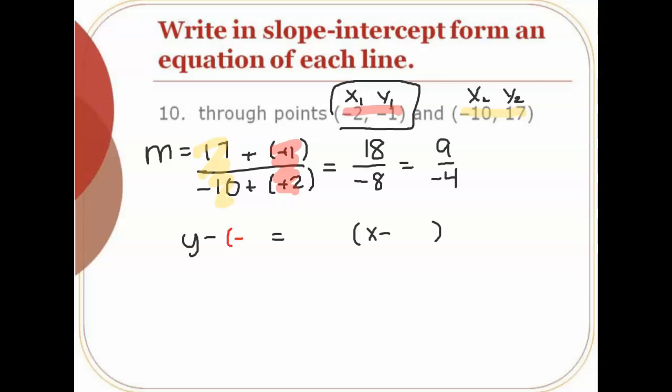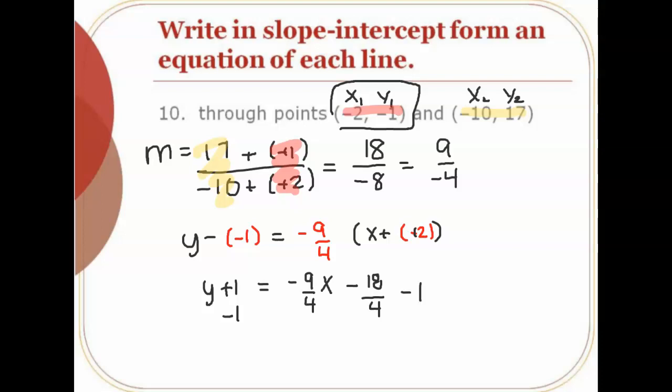It's y minus a negative 1 equals negative 9 over 4 times x minus a negative 2, or y plus 1 equals negative 9/4 x. This is plus 2, so times the negative is negative 18 over 4. And then you have to subtract 1 from that.